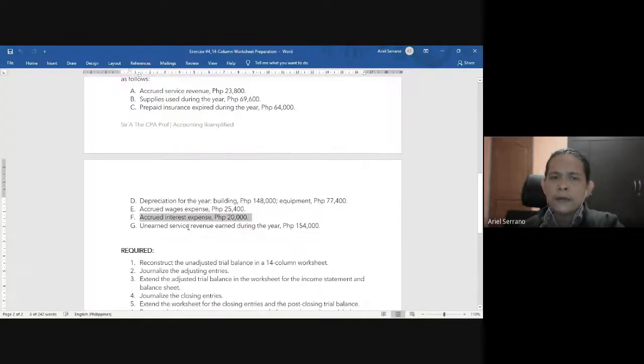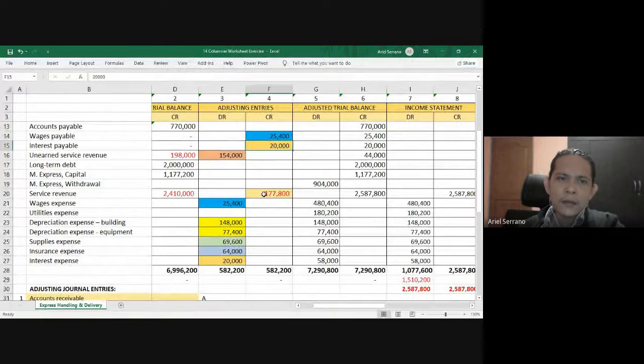Okay? For transaction letter D, unearned service revenue earned during the year. So this is where you will find the other amount for the service revenue because earlier we have the accrual of income of 23,800. Now this is the last, 154,000, for the last transaction.